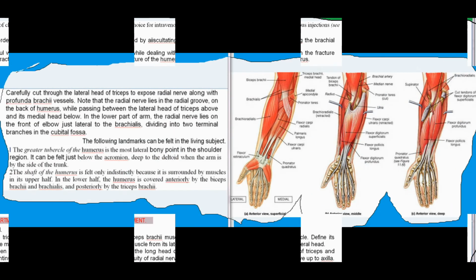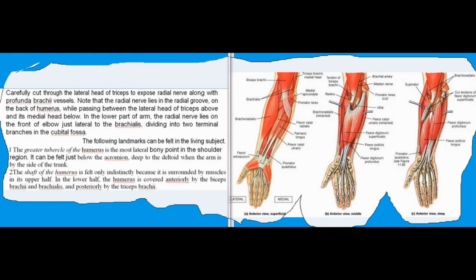Carefully cut through the lateral head of triceps to expose the radial nerve along with profunda brachii vessels. Note that the radial nerve lies in the radial groove on the back of the humerus, while passing between the lateral head of triceps above and its medial head below. In the lower part of the arm, the radial nerve lies on the front of the elbow just lateral to the brachialis, dividing into two terminal branches in the cubital fossa.